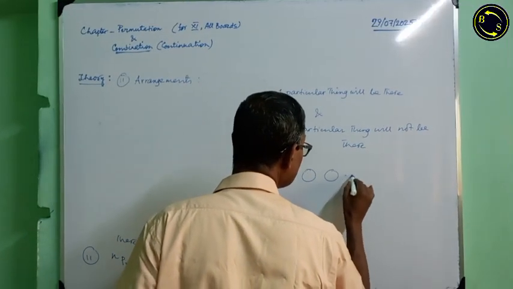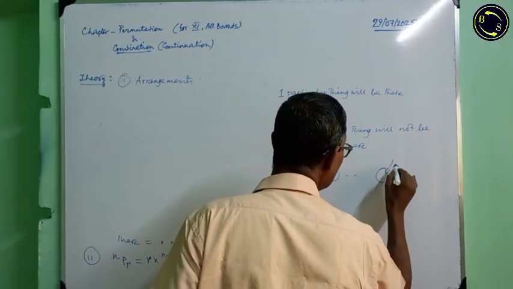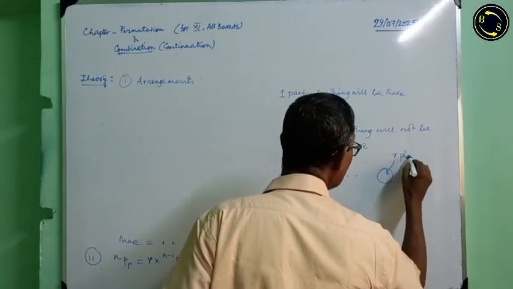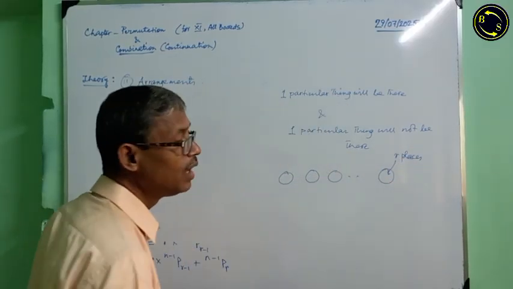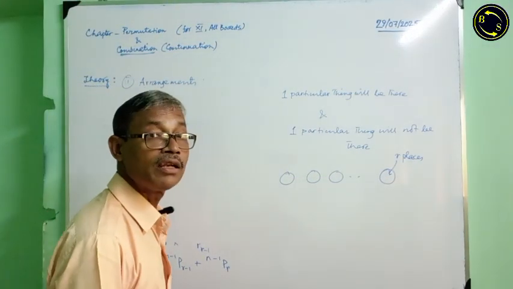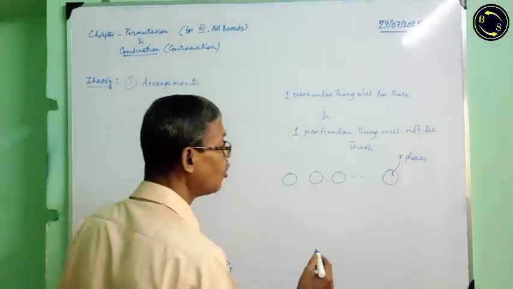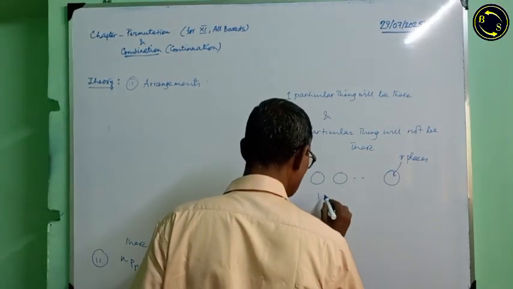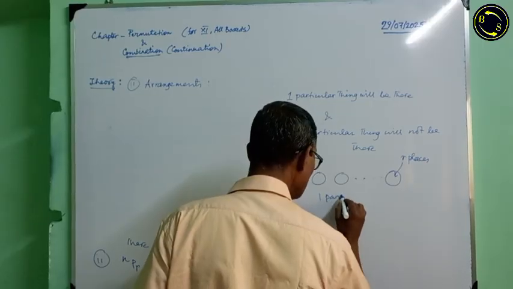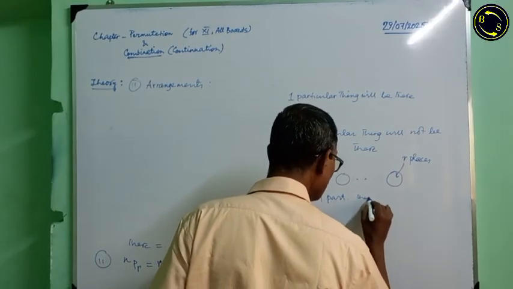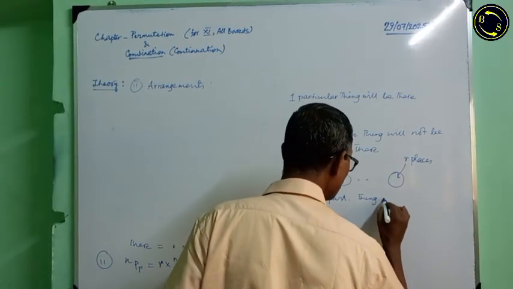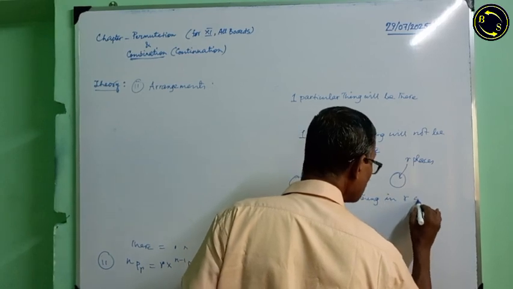We consider like this. Now that particular thing can be placed in any of the r places in how many ways? R ways.